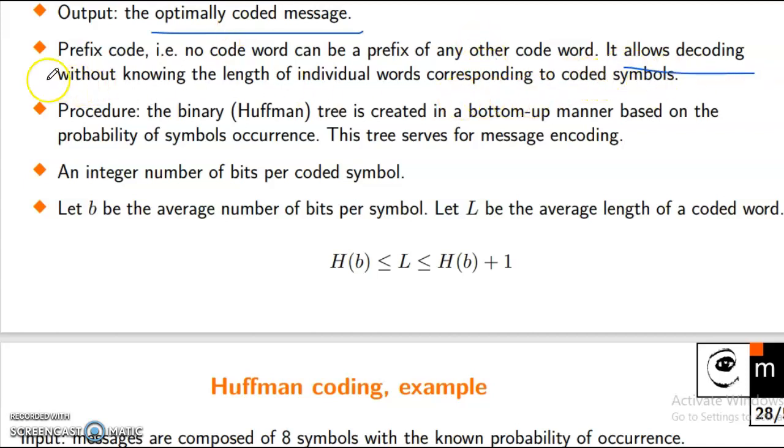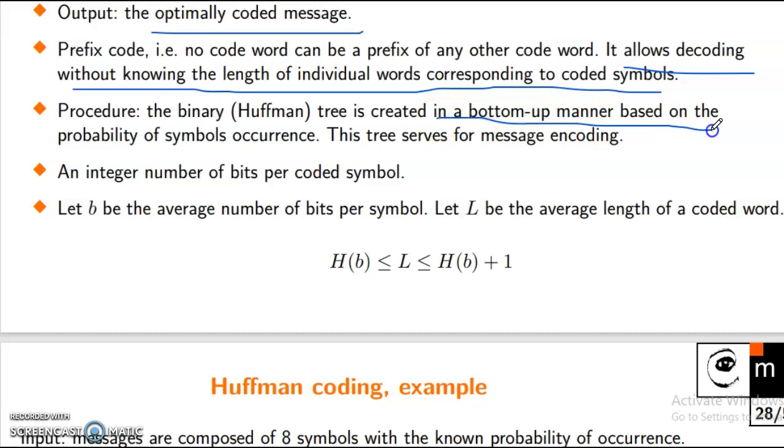It allows decoding without knowing the length of individual coded words. Procedure: the binary Huffman tree is created in a bottom-up manner based on the probability of symbol occurrence. This tree serves for the message encoding.